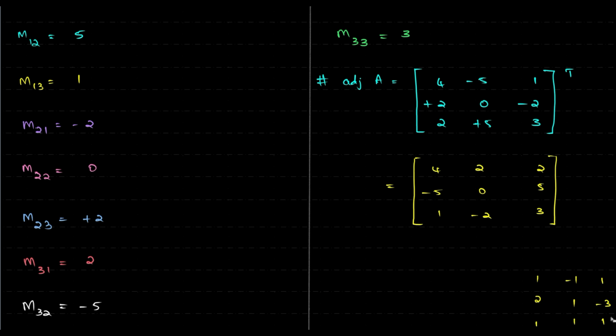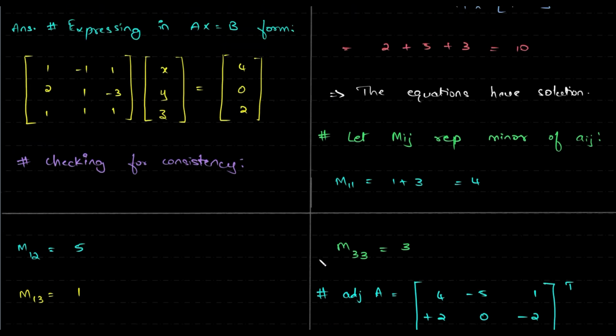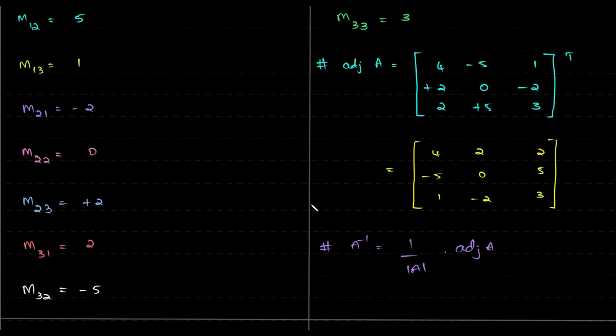Okay, so we're almost there in finding our inverse. So A inverse is 1 by determinant of A into adjoint of A. Determinant of A is 10 and this we can copy.